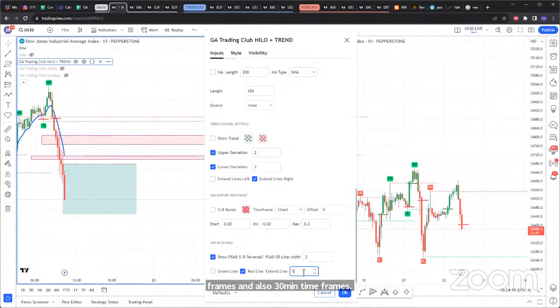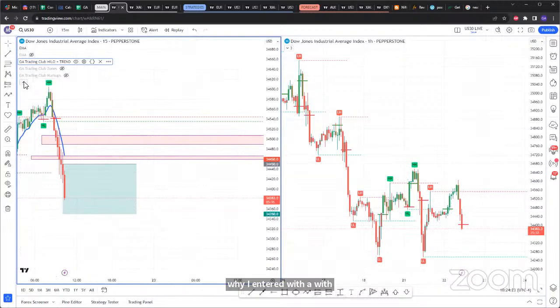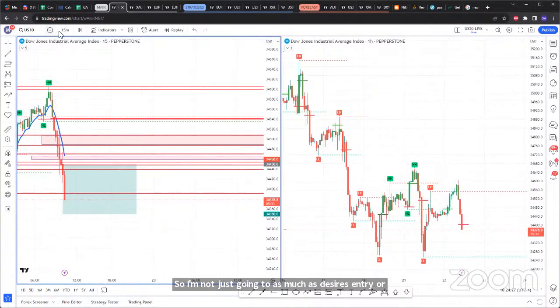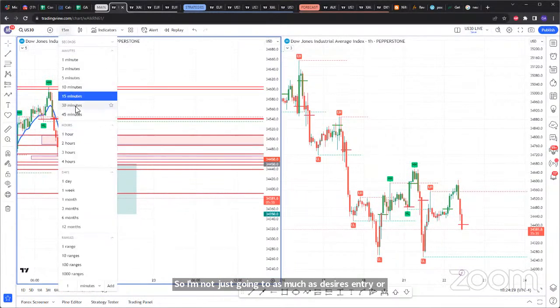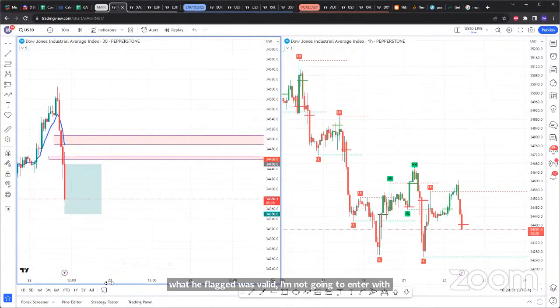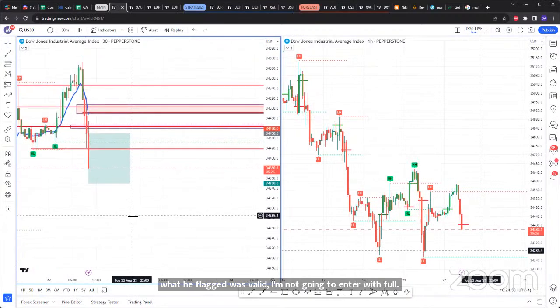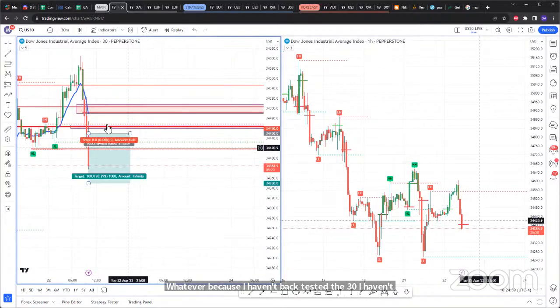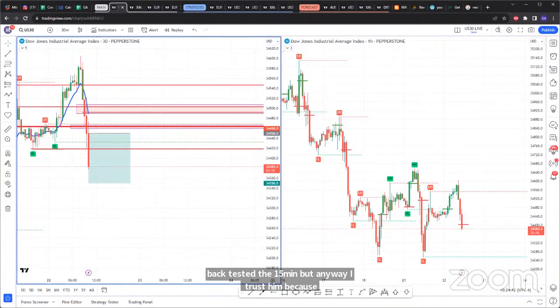That's another reason why I entered with a smaller risk. As much as Desire's entry was valid, I'm not going to enter with full risk, because I haven't backtested the 30-minute or the 15-minute. But I trust him because he's been doing a good job with the SARs. Anyway, I'm at break even for that trade.